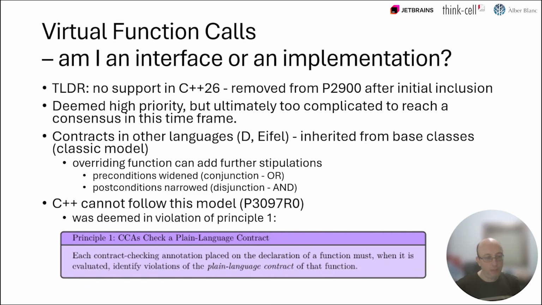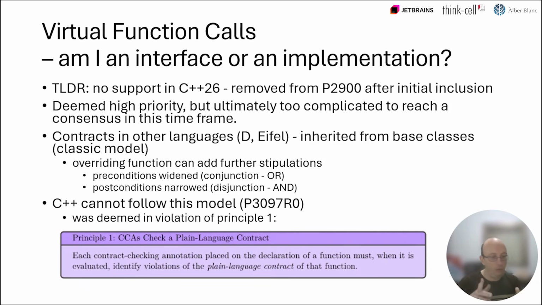In C++, after lots of arguing, it was decided that we have a principle one that is stronger than the motivation for that kind of inherited contracts, which says that contract assertions must check a plain language contract, as in what the function verbally promises to do.